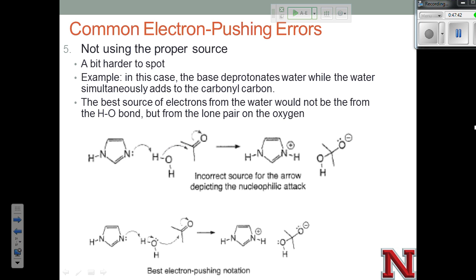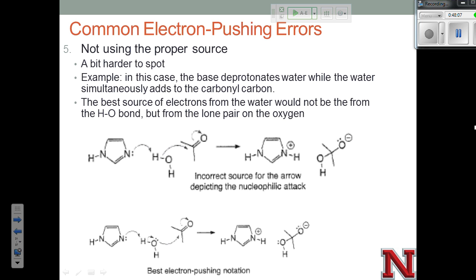Maybe kinetics showed that this was a reaction that was based on all 3 of these compounds. So it's a third order reaction, so you might come up with this mechanism. If I was drawing this mechanism, I'd probably just assume we deprotonate to form my alkoxide, and then it would attack. So, like I said, this one's a little bit harder to spot.